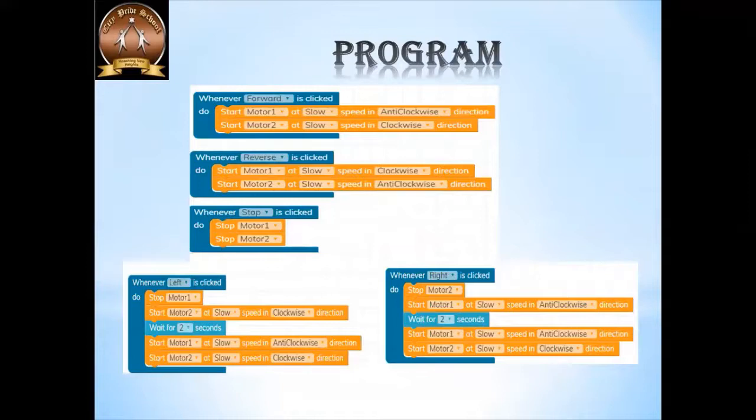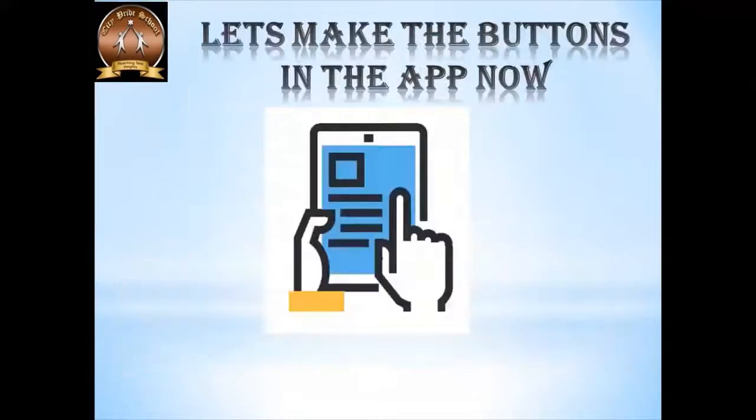And then wait for 2 seconds and both the motors will start moving again in the forward direction. So this is the control of the car. These commands you already know, but now the new thing is making the buttons in the app.